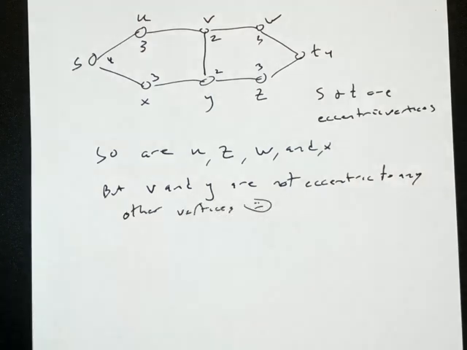In our previous graph from Friday, every vertex was an eccentric vertex. Here, 2 of them aren't.